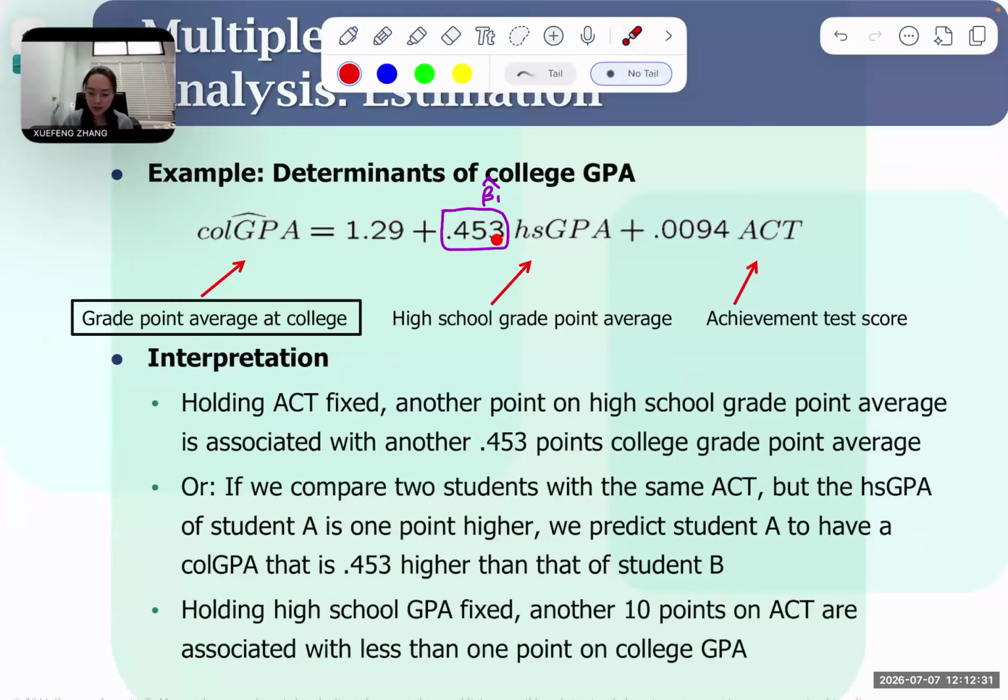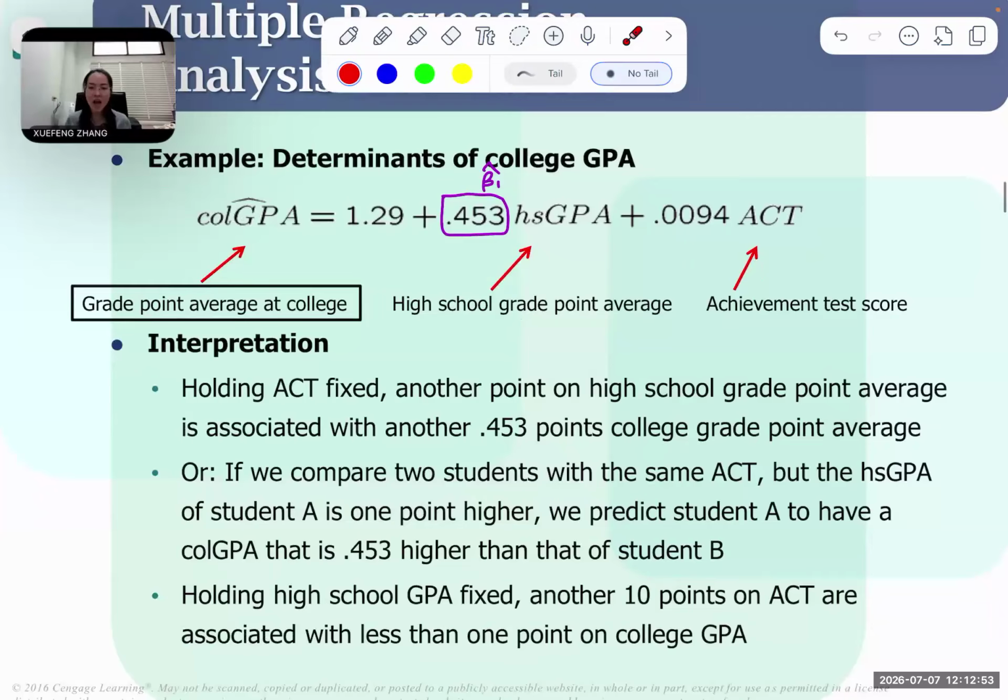So we need to read beta 1 hat this way. Holding ACT fixed, one more point of high school GPA is associated with 0.453 more points of college GPA. Or think of it as comparing two real students.